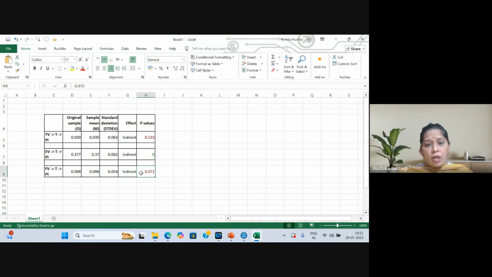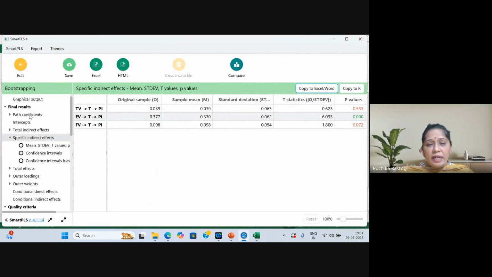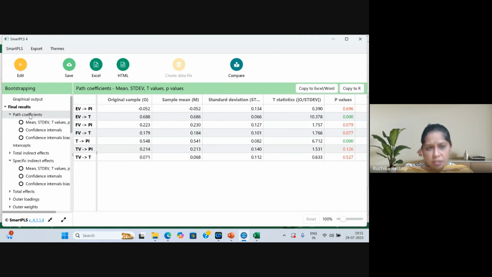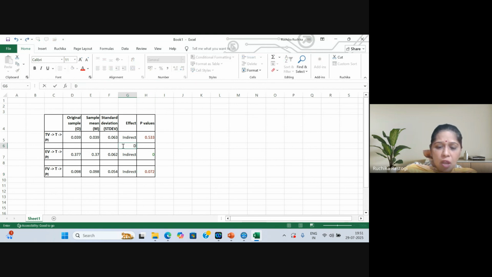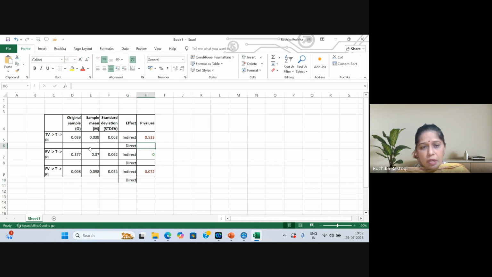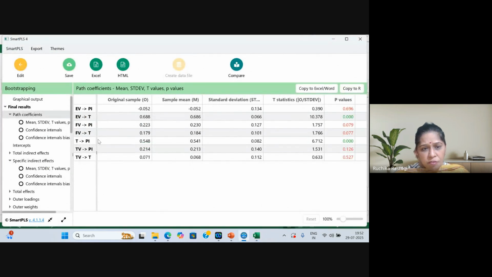Now, we will be seeing the direct effect from the path coefficient. Can you see the direct relationship between EV and PI, and FV and PI? This is all direct now. I will be noting down the direct relationships here also. What is the direct relationship between TV and PI? I will take it from here.